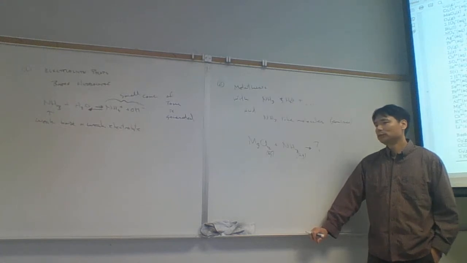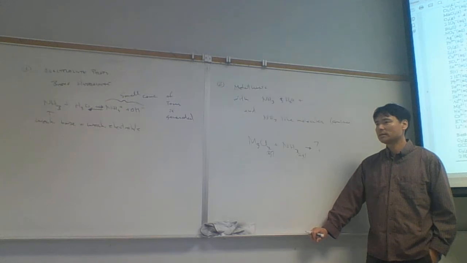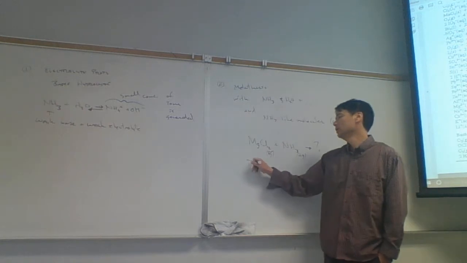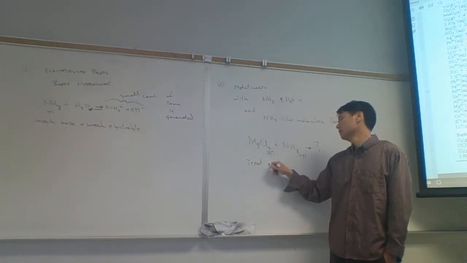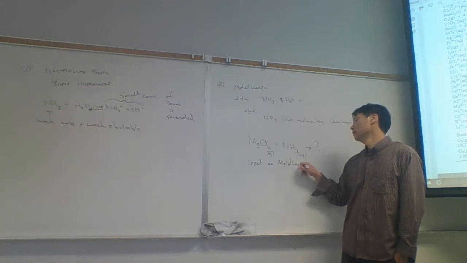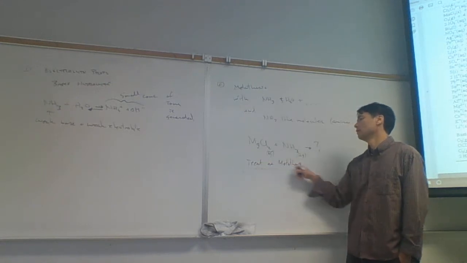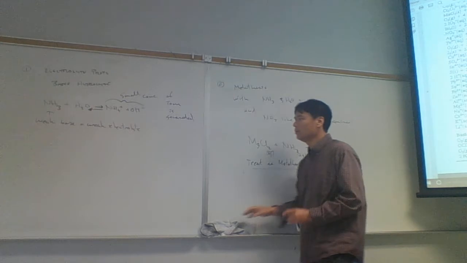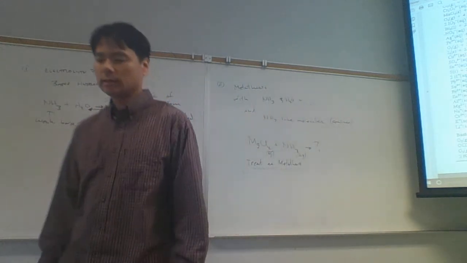And so we can treat this reaction, even though it's not a double replacement type metathesis reaction, as a metathesis reaction. The way we treat it as metathesis is like this.